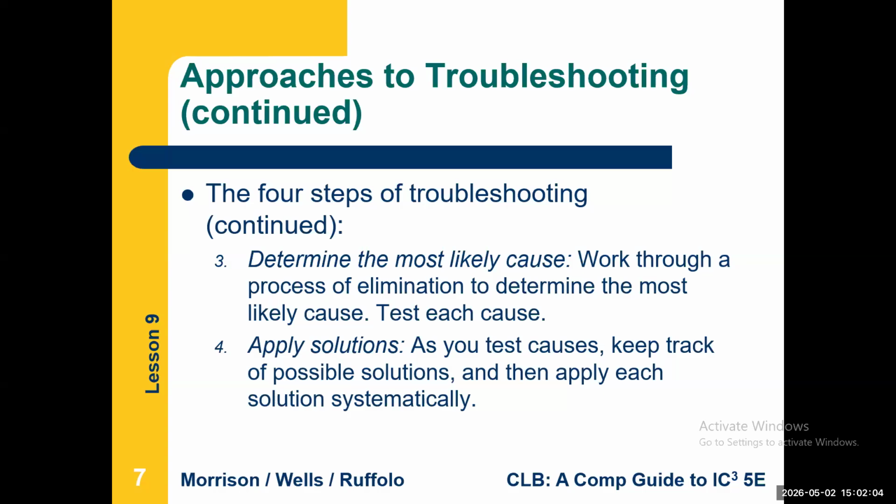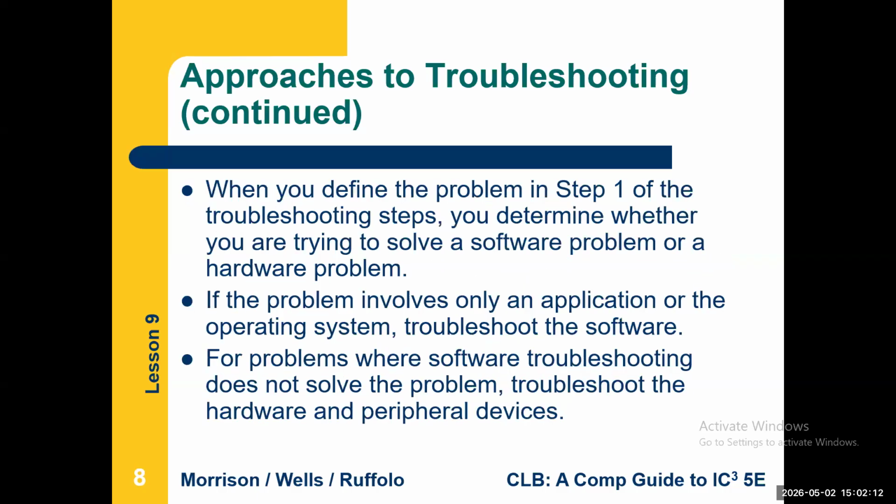So these are the 4 steps that you need to go through when you are troubleshooting any problem that you have with your software. When you define the problem in step 1, you determine whether you are trying to solve a problem with a software or a hardware. So the first thing is your problem definition. It could be that you've plugged in or installed a hardware and the hardware is not working.